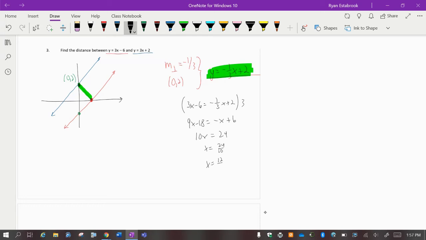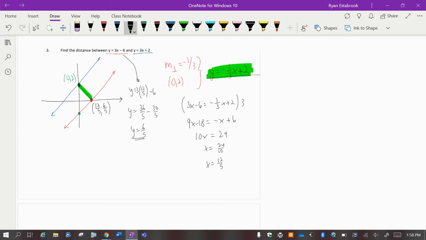So x equals 12/5. It's on the red line and the green line. The red line has nicer numbers to work with, so if I use that equation, y equals 3 times 12/5 minus 6, so y equals 36 over 5 minus 6, which would be 30 over 5, so y equals 6/5.